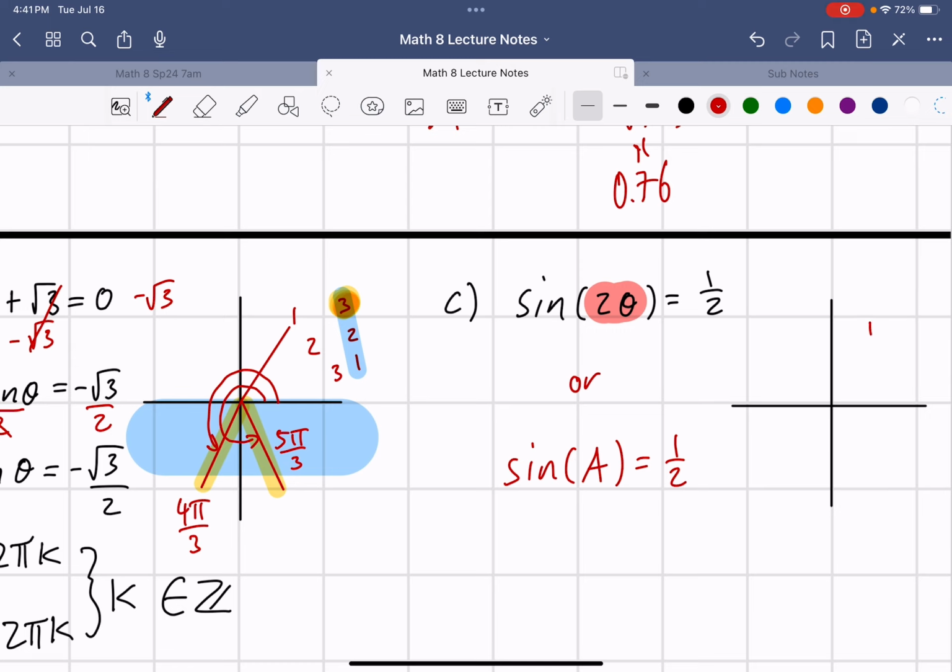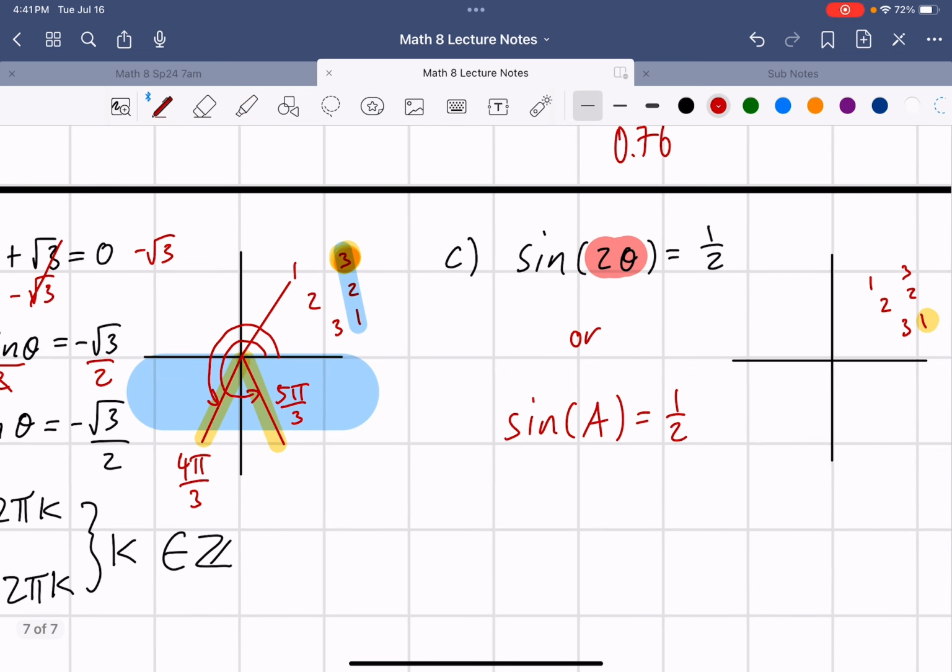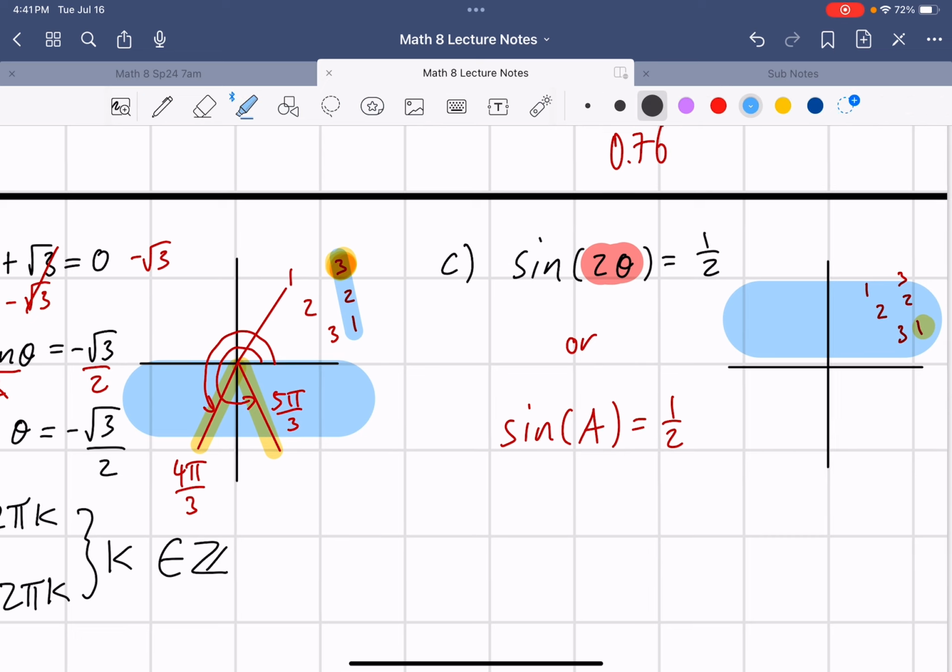Once again, 1, 2, 3, 1, 2, 3, and now that's going to happen at the 6's. Remember, the ones that are closer to the x-axis are the ones I like to call the 6's. And we are looking at quadrant 1 and 2, because that's where sine is positive.